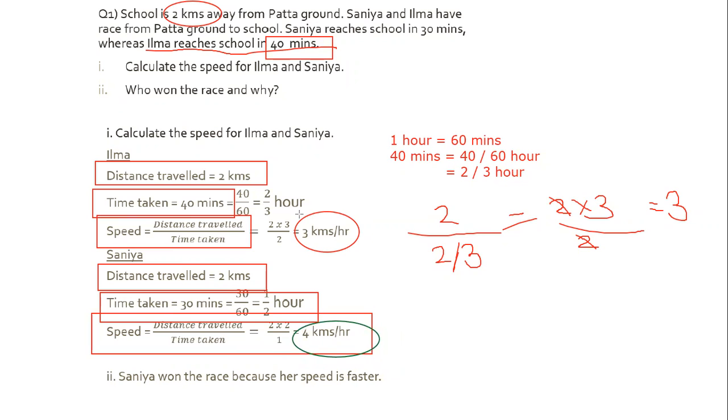Whose speed is higher, 3 or 4? 4 is higher, right? That is why Sania won the race, because her speed is higher.